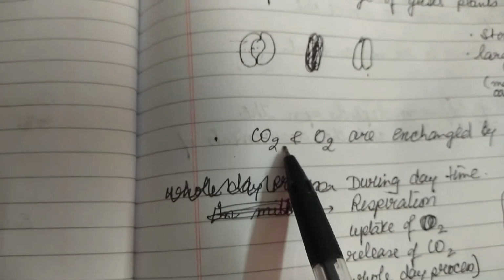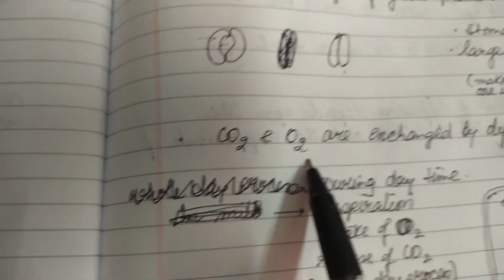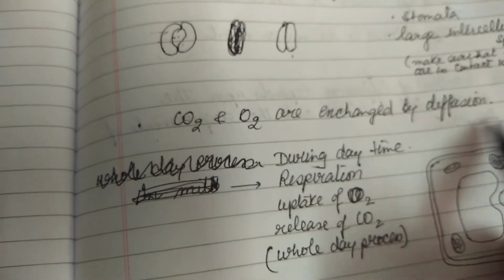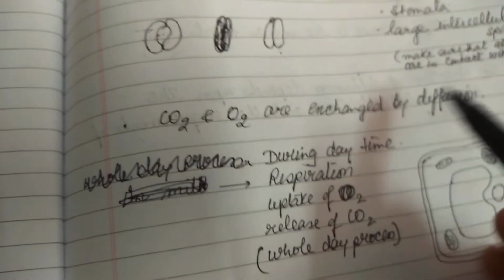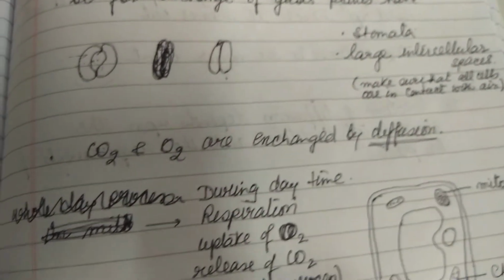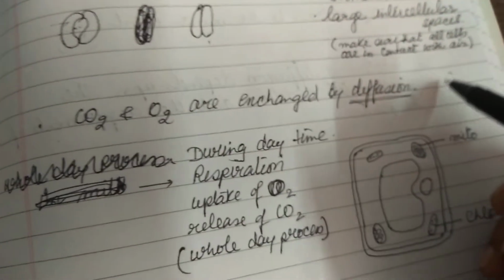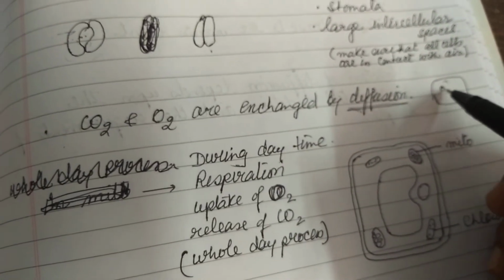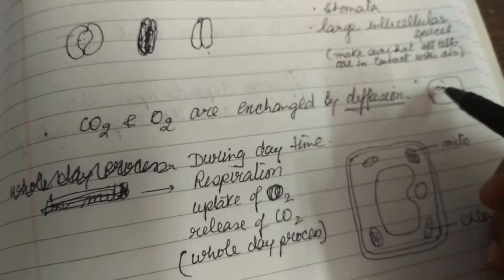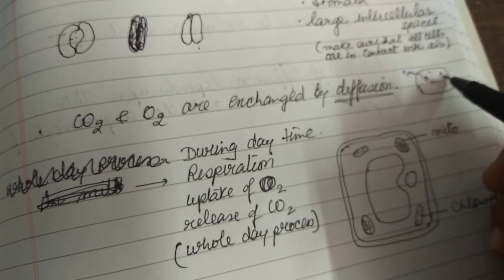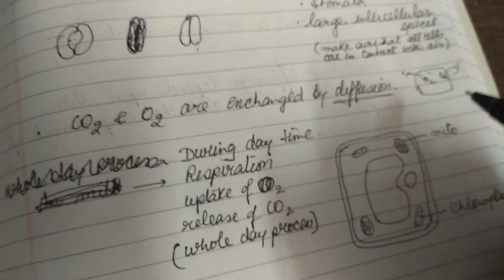So the plants take carbon dioxide and release carbon dioxide, and they take oxygen and release oxygen. This process is called diffusion. So how does this diffusion happen in the cell? Suppose in a cell oxygen is more in amount and outside it is less, so it moves out. Same way, if CO2 is more inside and less outside, it moves out.